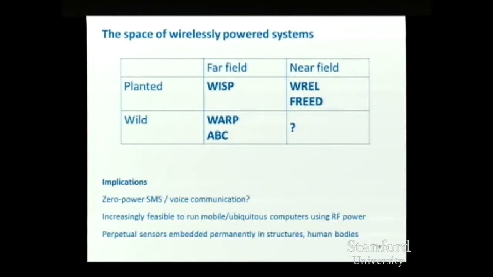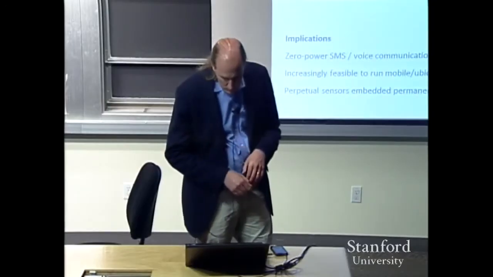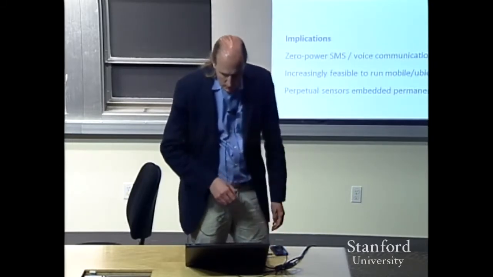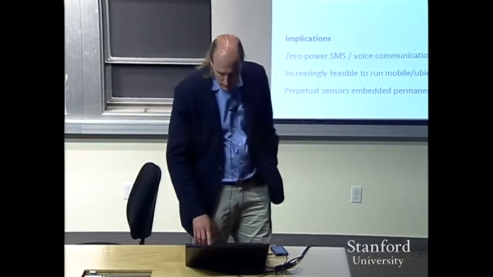And I also showed you the analog backscatter, where we were actually collecting audio using ambient RF as the power. So maybe it may be possible to even transmit some voice this way. So overall, I think it's increasingly feasible to run mobile ubiquitous computing systems using ambient RF power.